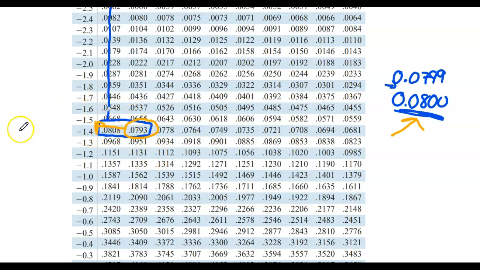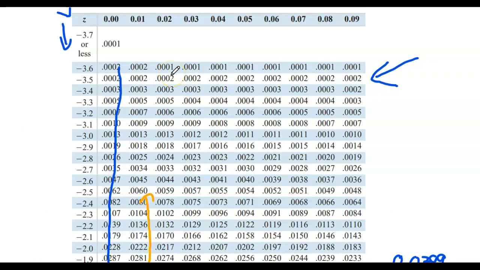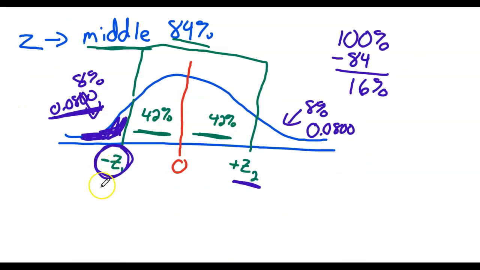I get a negative 1.4, and I'm going to follow it up to the top. I'm in my second column, and notice I have a 1 in that second place, so I get a negative 1.41. So this is the z-score. My z1 is going to be a negative 1.41. My z2 is going to be a positive 1.41.